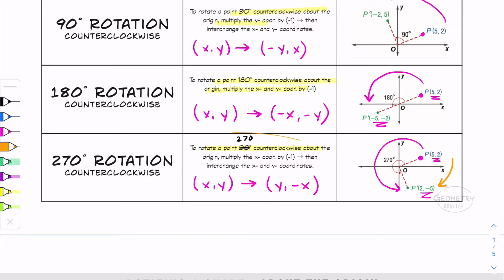So not only is this rule going to apply to 270-degree counterclockwise rotations, it's going to apply to 90-degree clockwise. So you have the same rule used for two different applications.